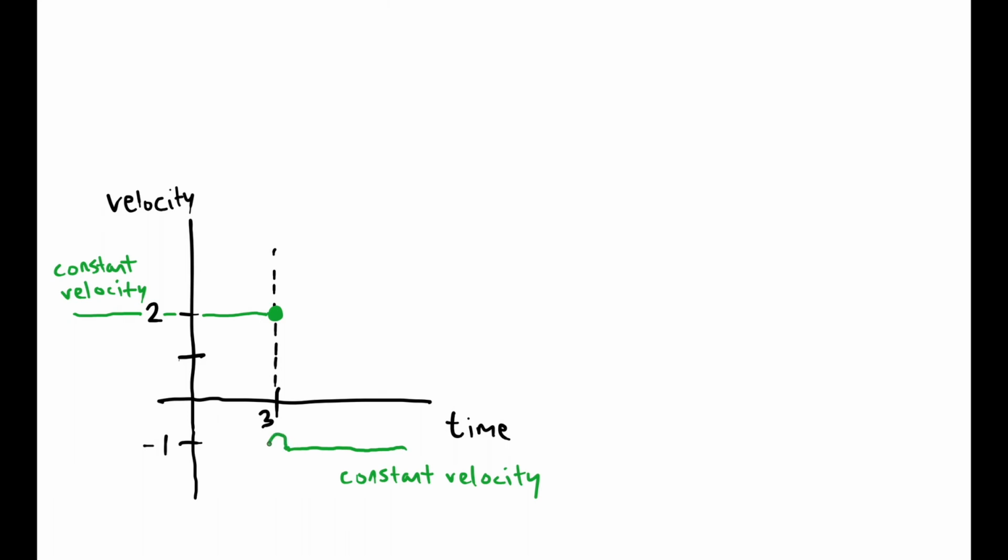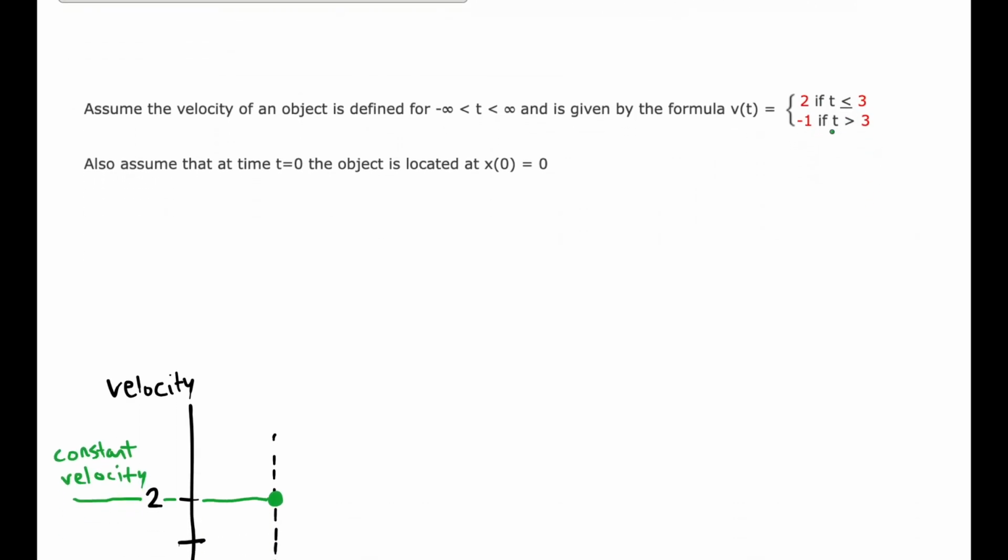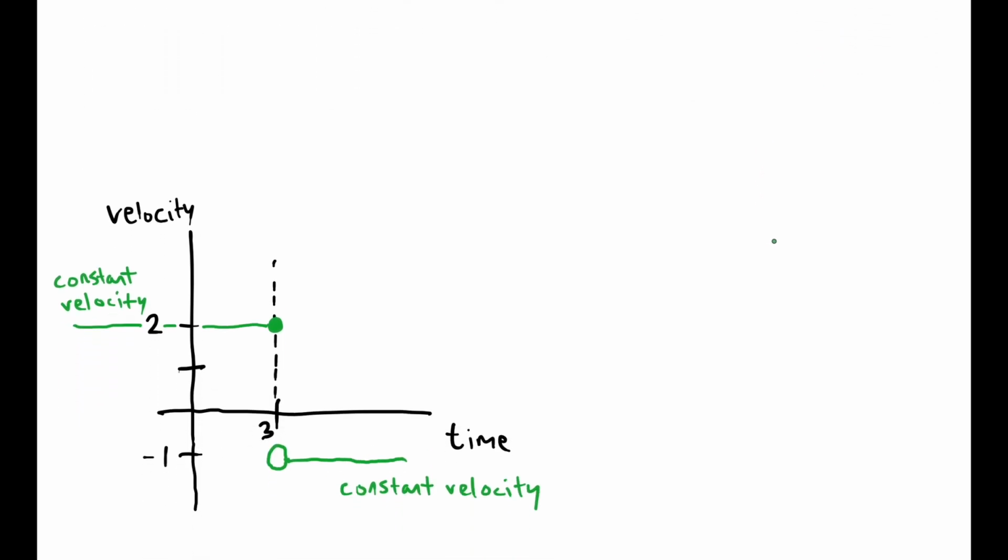And we're going to have an open dot for this segment because of the fact that they said it was going to hold a value of -1 only when t is greater than 3, not when it's equal to 3. So this would be the kind of graph that we want to make. It should continue in both directions forever.